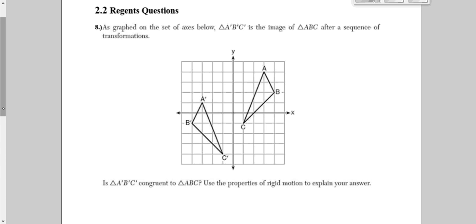Anybody think about what the transformation was? Well, it's got to be more than one, right? What do you think happened? Okay, reflection in the y-axis probably, right?